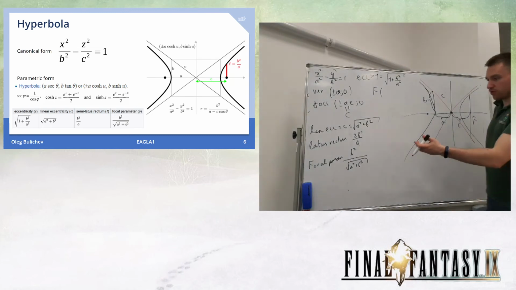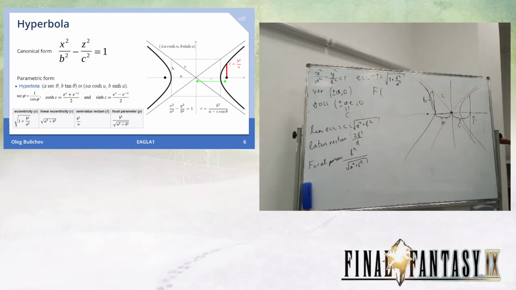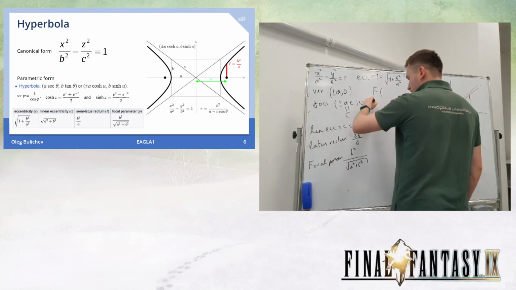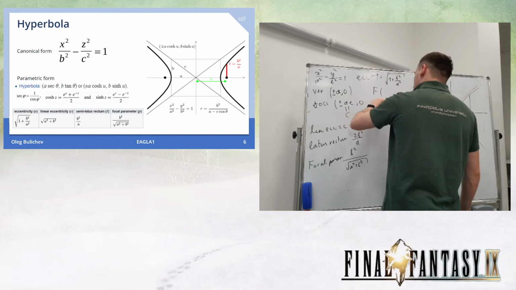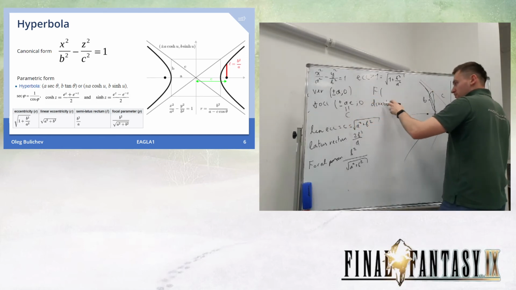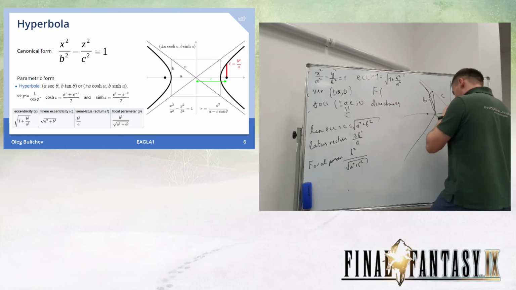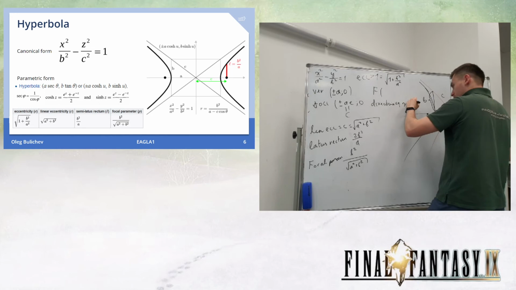So, where is the directrix there? What is the equation of the directrix? A over epsilon and minus A over epsilon. Equal to x or equal to y? X equal to A over epsilon, where epsilon is eccentricity.